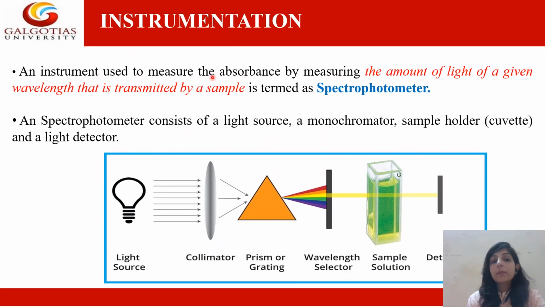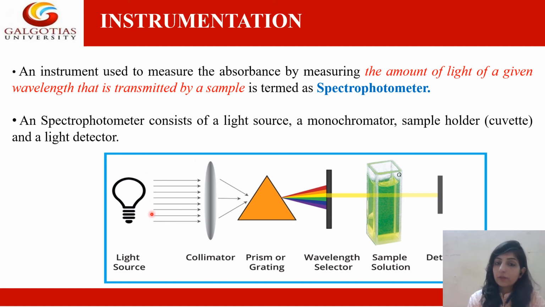Next, this is the basic instrumentation of each and every absorption spectroscopy technique. We have an instrument which is used to measure the absorbance by measuring the amount of light of a given wavelength that is transmitted by a sample, and that particular instrument is known as a spectrophotometer. A spectrophotometer consists of a light source.